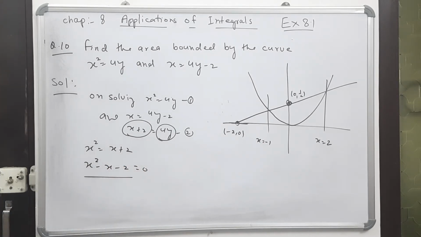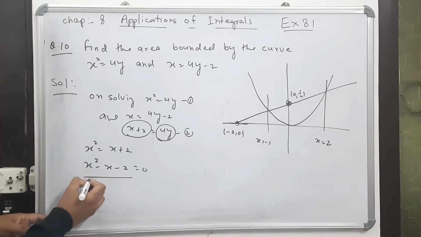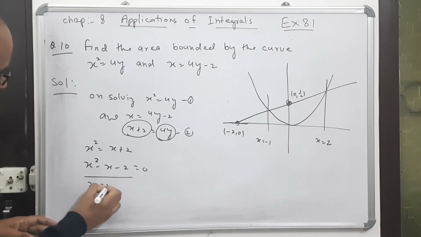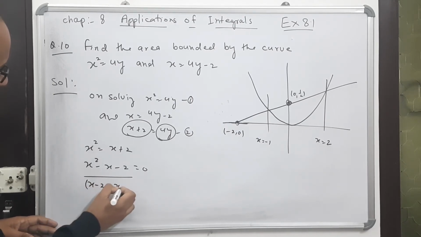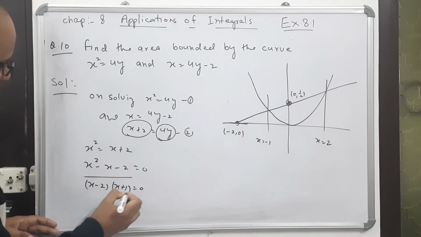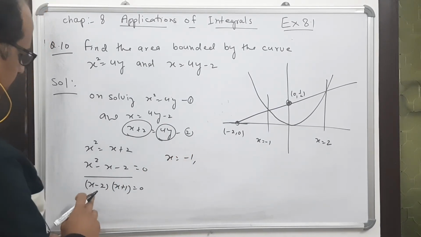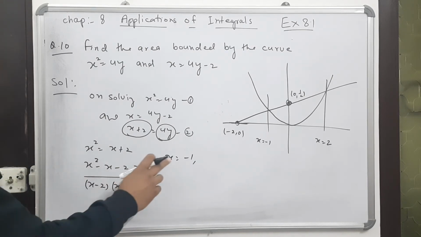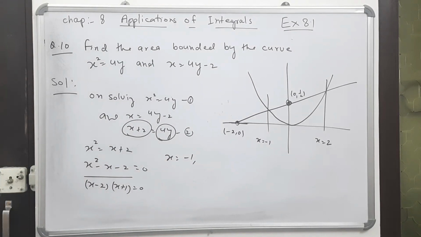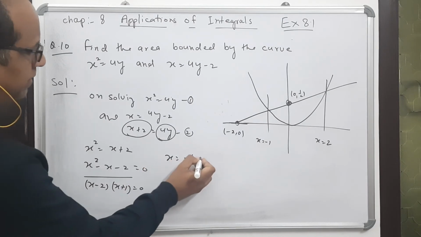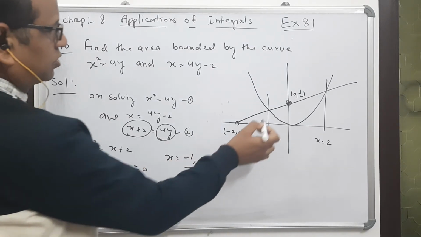Please see this part. And when you factorize this part, it is x minus 2 and x plus 1 equals 0. So the value of x is minus 1 and plus 2.